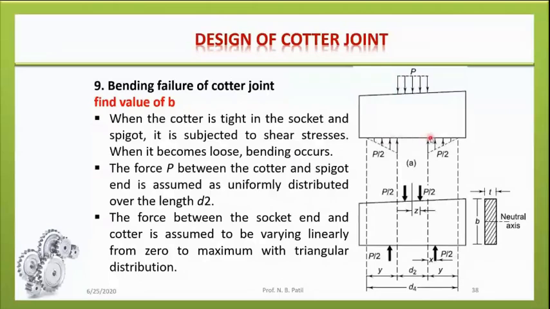This much of the part of the Cotter is present inside the spigot, and this much of the length is d2. It is represented over here. This much of the length is d2. Understand? Now, this much of the part of the Cotter is present inside the socket. On another end also, this much of the part is present.